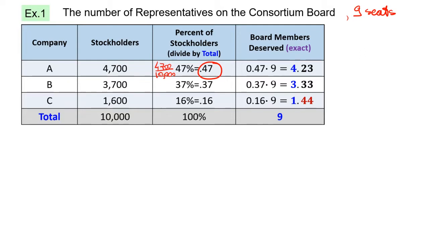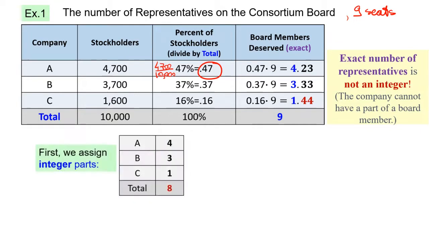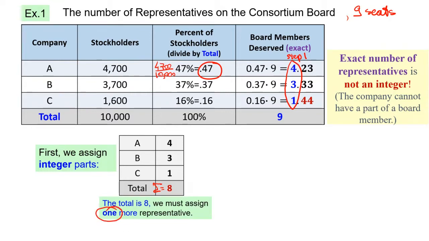And now we first assign the integer part. So step 1, we assign the integer parts 4, 3, and 1. We find the total. The sum equals 8. It means we have 1 extra. We assign 9 seats, so we have one extra representative. And now we look at the decimal parts.